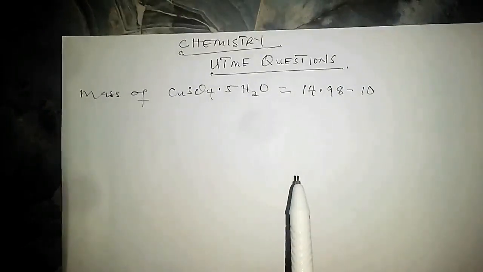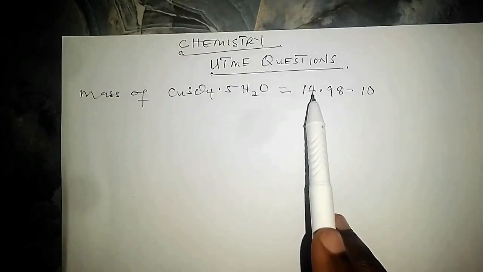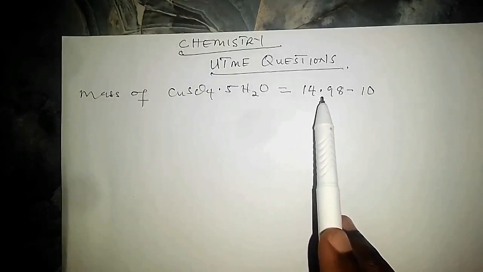In this case we are subtracting the mass of crucible from the mass of crucible plus copper(II) sulfate pentahydrate.